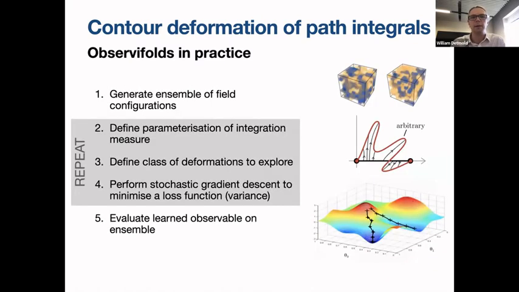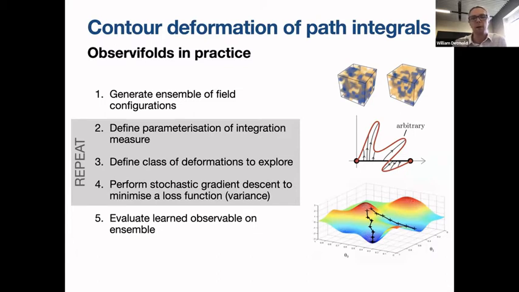Okay, so in practice, what do we do? We generate an ensemble of field configurations. We define a parameterization of the integration measure. We define a class of deformations we want to explore, and we perform a minimization, and in what we'll do later, mostly a gradient descent of a loss function that's related to the variance, and in particular could just be the variance.